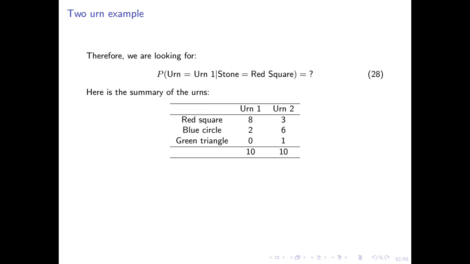So there are 11 red squares we can select. 8 of them are in urn 1, 3 of them are in urn 2. So the probability that this sample came from urn 1 is 8 over 11. We have 11 that we can select, urn 1 is 8 of them. So it's 8 over 11.